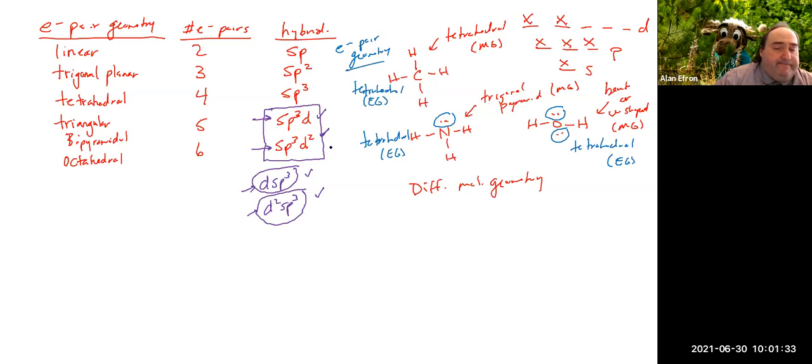But what you need to be able to do is not necessarily draw all the arrows and stuff like we've been doing, but you do need to be able to draw the Lewis structure and be able to identify the hybridization of an atom.